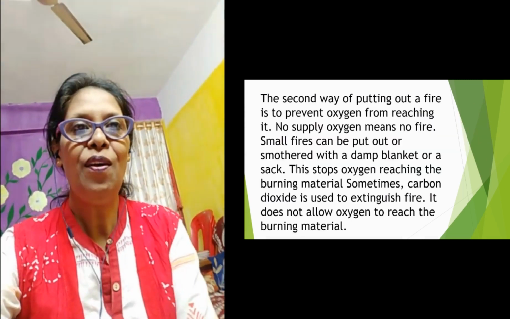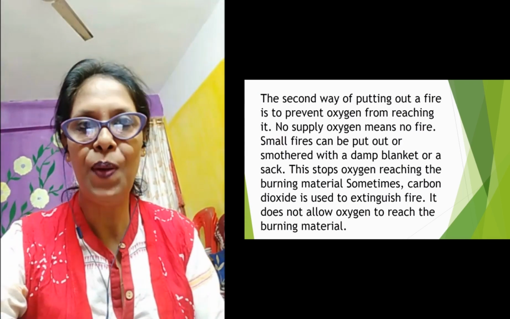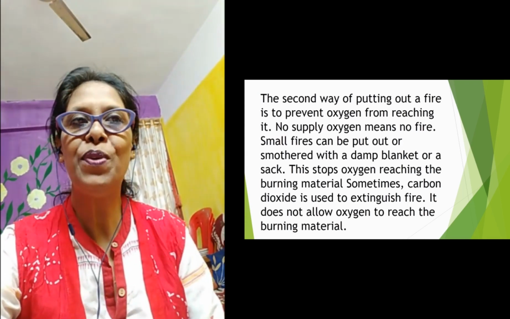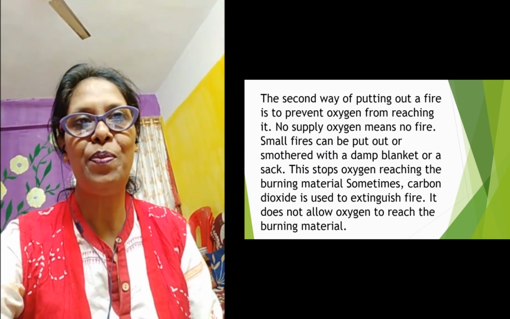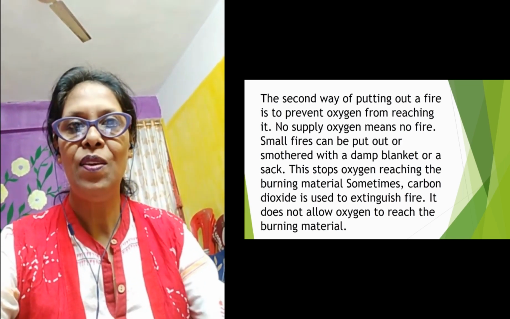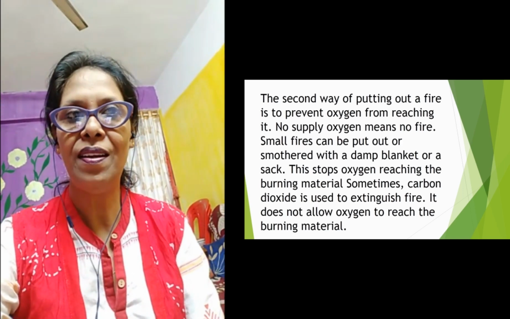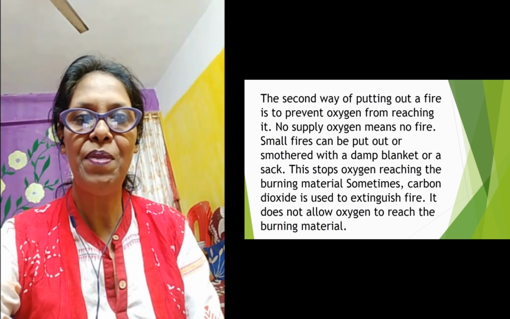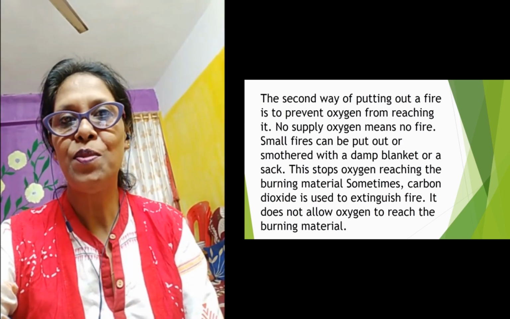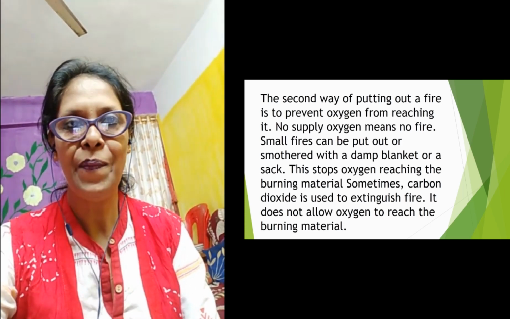The first way of putting out a fire you came to know, and the second way of putting out a fire is to prevent oxygen from reaching it. No supply of oxygen means no fire. Small fires can be put out or smothered with a damp blanket or a sack.